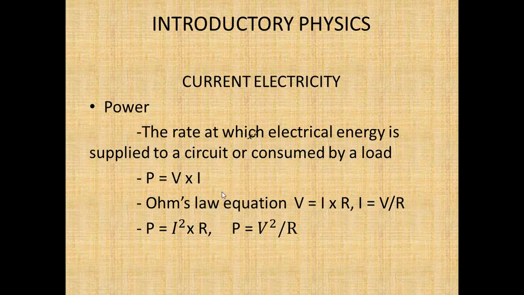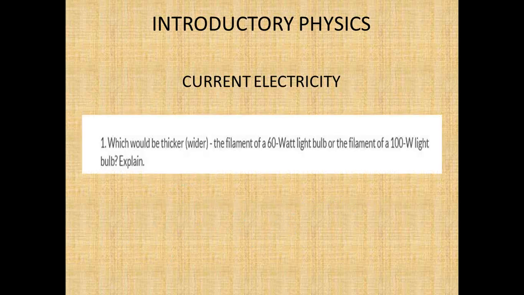And we can plug in I, because I is equal to V divided by R. So if we plug I in right here, we get V squared divided by R. So right away, you can see that you can write power as voltage times current, or current squared times resistance, or voltage squared divided by resistance. You can use all of these three equations to talk about power.